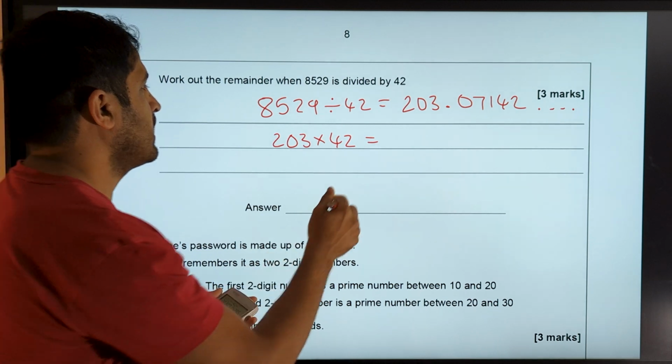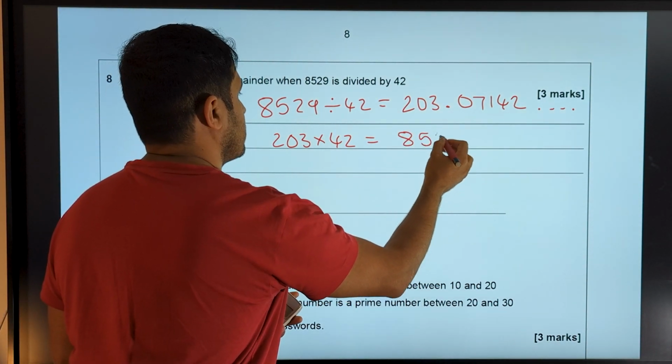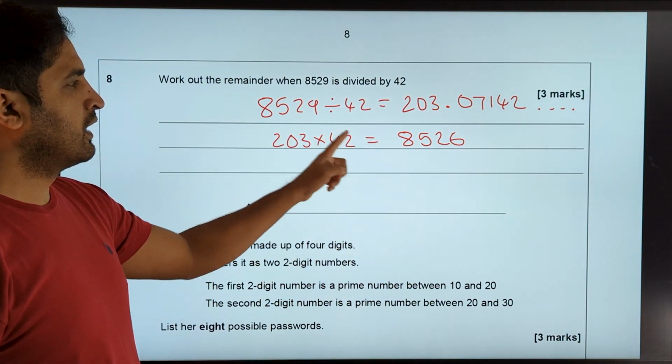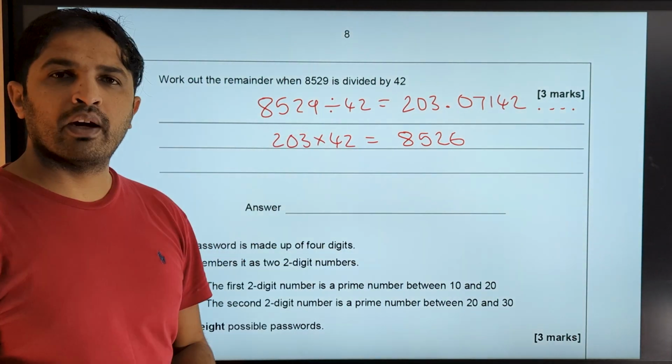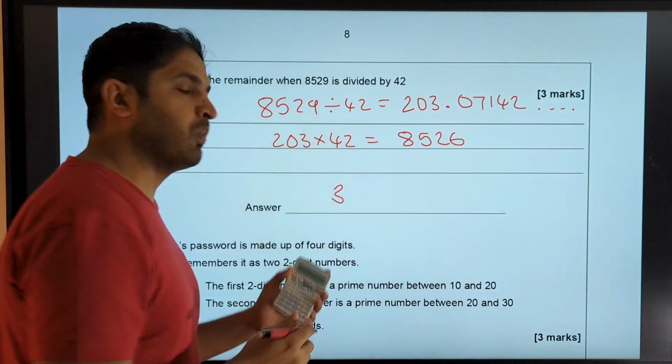We will get to 8,526. So what do you think the remainder is going to be? 8,529 take away 8,526, so the remainder is 3. That's one way of doing it.